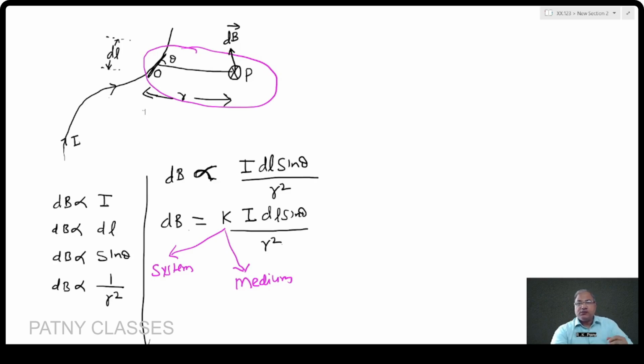But now we just make it simple. We assume that the point P is placed in vacuum, air or free space. So what is the K value? The K value is nothing but mu naught upon 4 pi. What is mu naught? Mu naught is the permeability of free space.